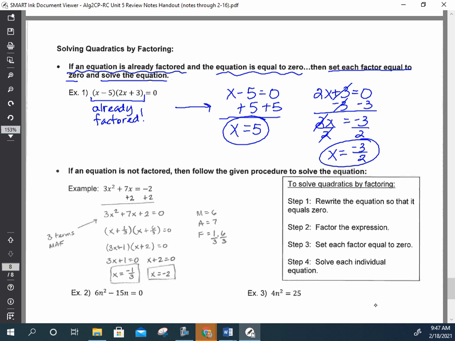So if it's already factored, then that work is already done for you. Split it apart, solve the two equations, keep it moving from there. Any questions with example 1?